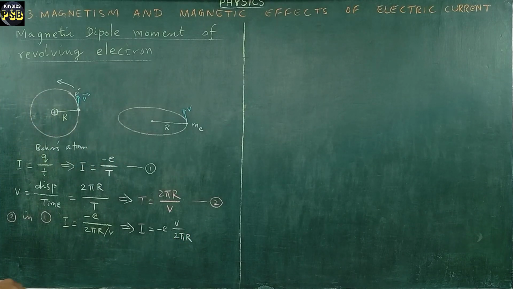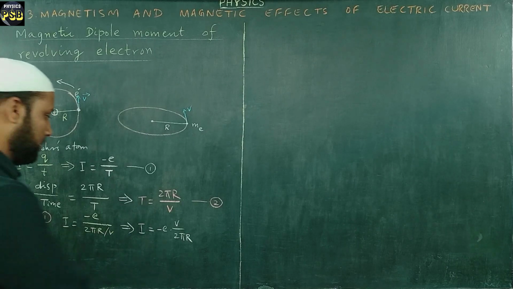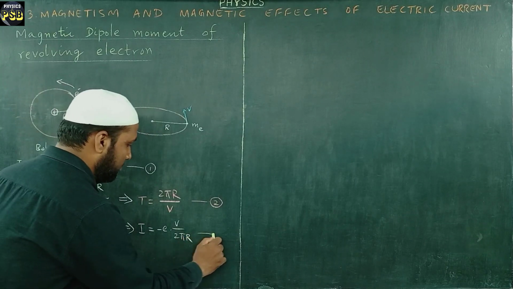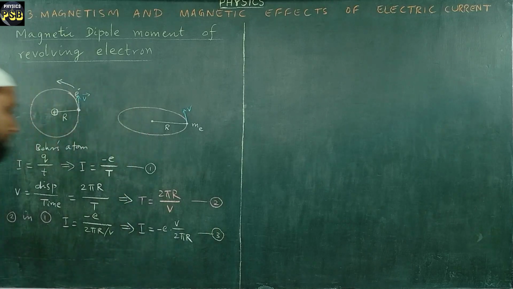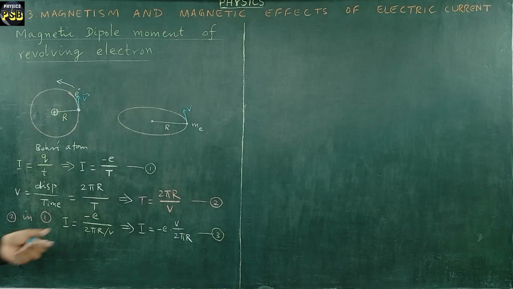This is equation number 3. Now I have obtained an alternate expression for the electric current flowing through the loop.